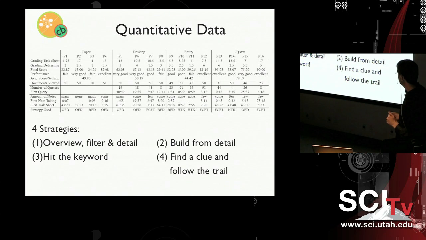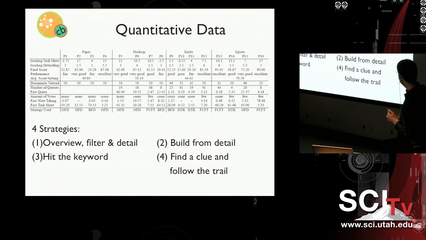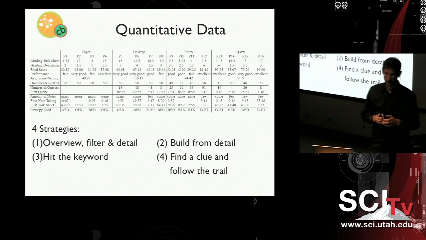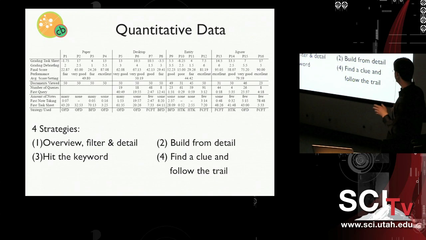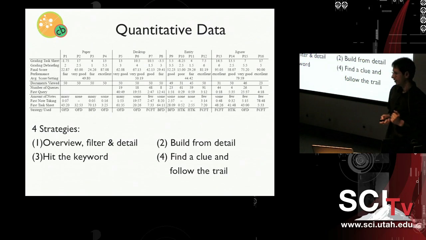A third strategy was hitting the keyword. Basically, the students were using the search function immediately at the beginning without reading any documents, just having some sort of a guess what might be important and then going from there. And the last strategy, finding a clue and following the trail, was basically a combination of the first two, where they first read a few documents, and then followed things that they found in those documents.